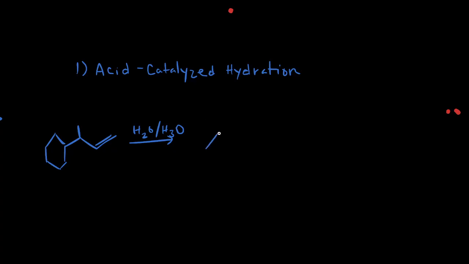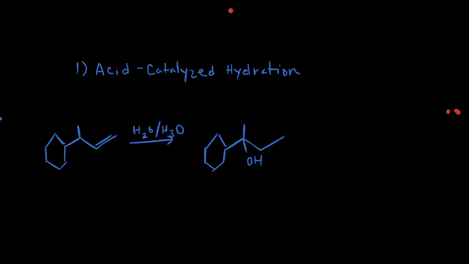What we would see as the product for this reaction would be something that looks like this. We can see a hydroxyl group has been attached to a carbon that is not even involved in this double bond. And that is an indicator that we've undergone a carbocation intermediate.